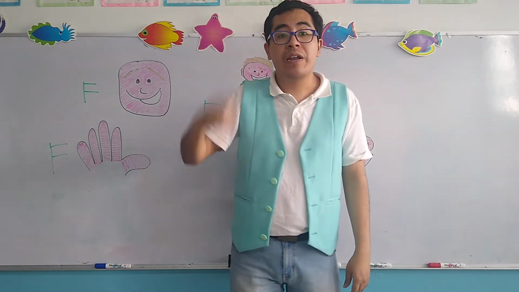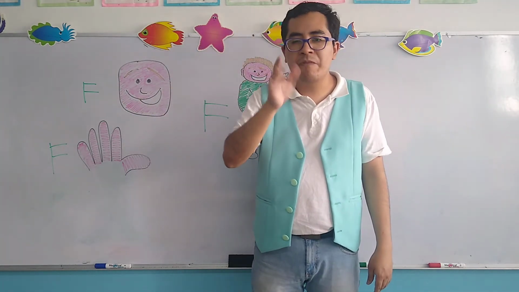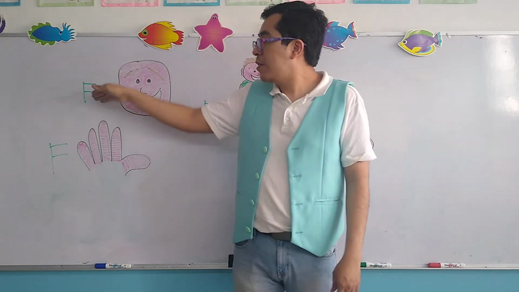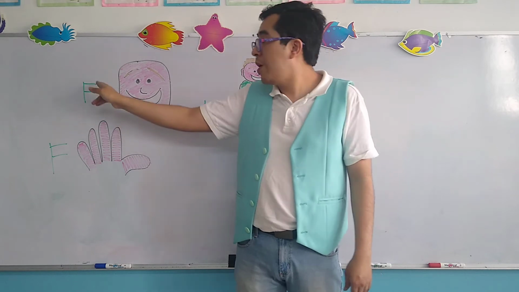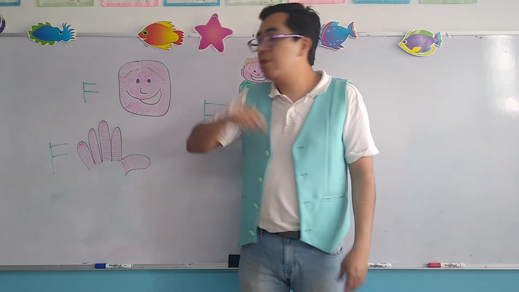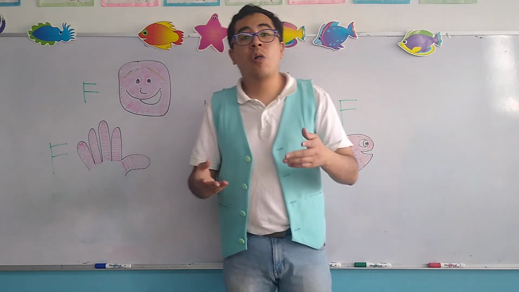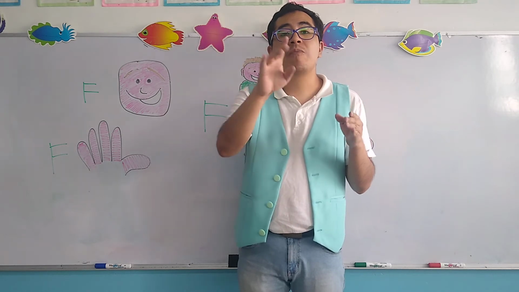Now, the capital F is similar, it has the shape and form of the comb, okay? It has a vertical line, and it has two lines, one up and one down, and it forms capital F.